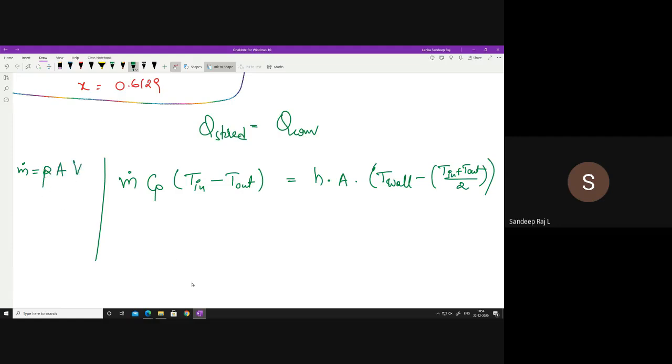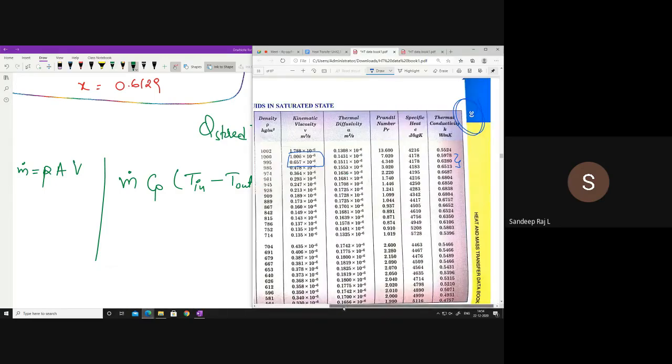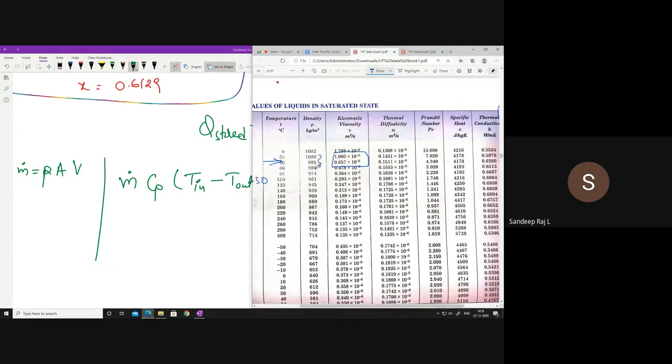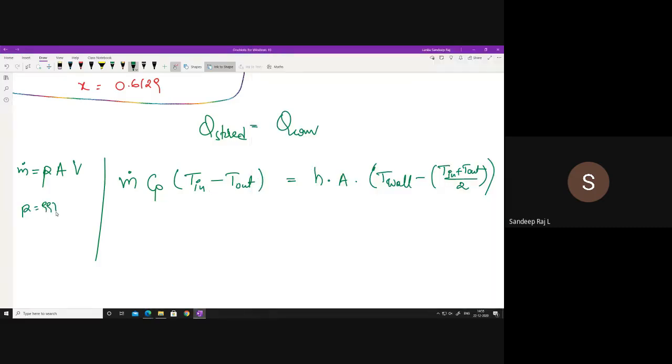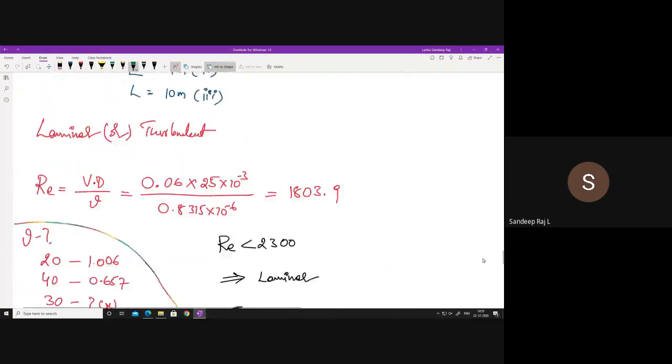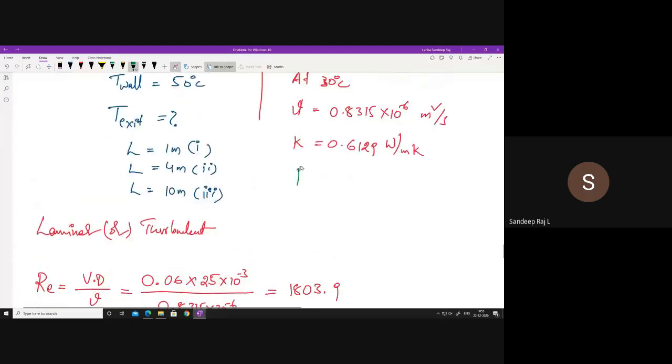So I have to get it from the data book again. Go to the data book and check for the density. It is 997.5 kg per meter cube. You write the rho value here also. You need Cp also.